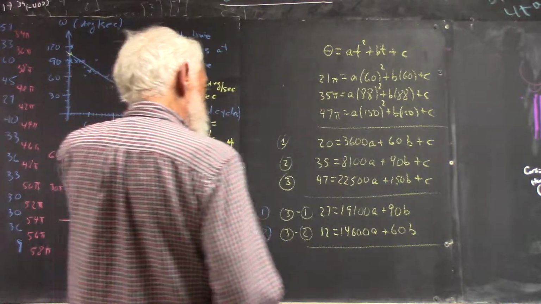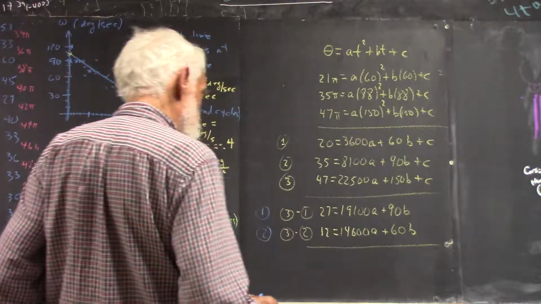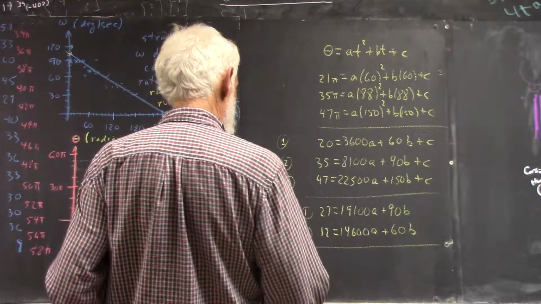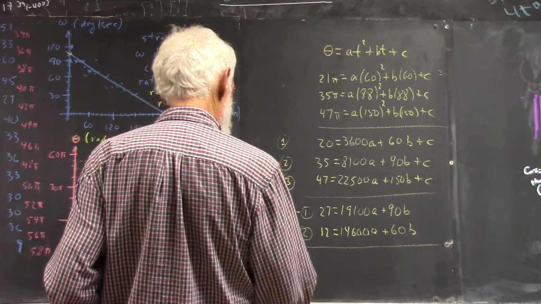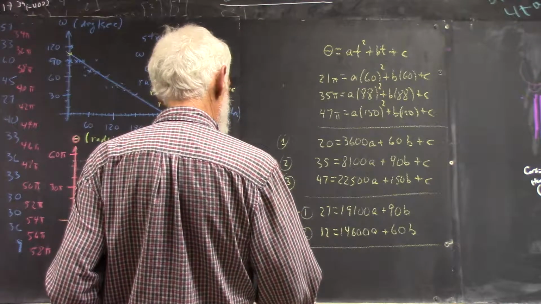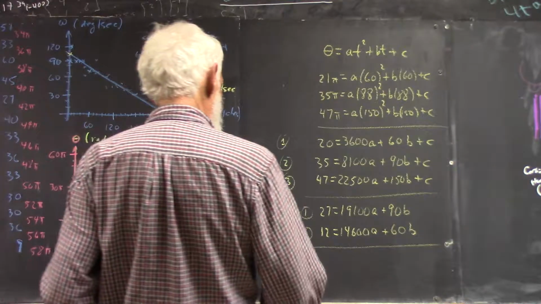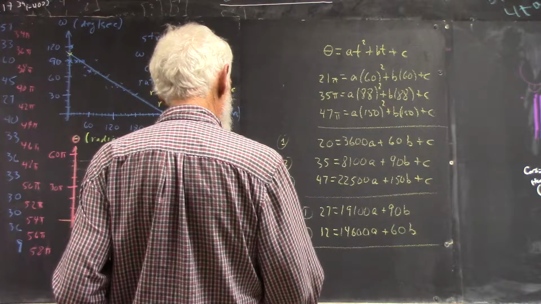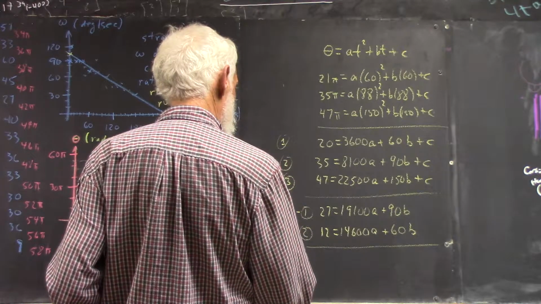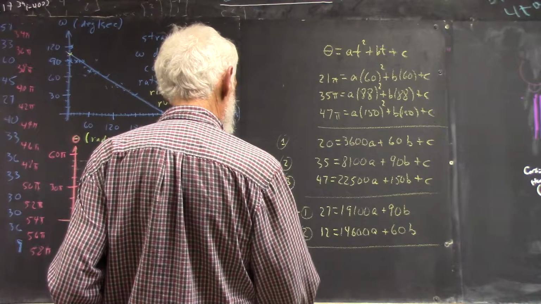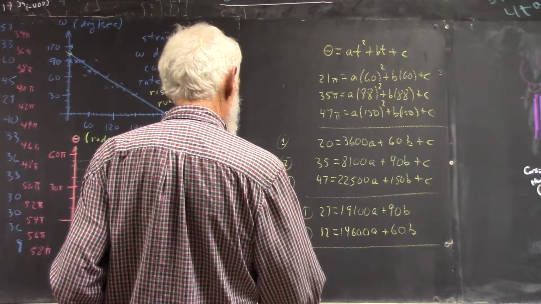So what I'm going to do, and this should be familiar to you, I'm going to multiply blue 1 by 6 and I'm going to multiply blue 2 by negative 9.